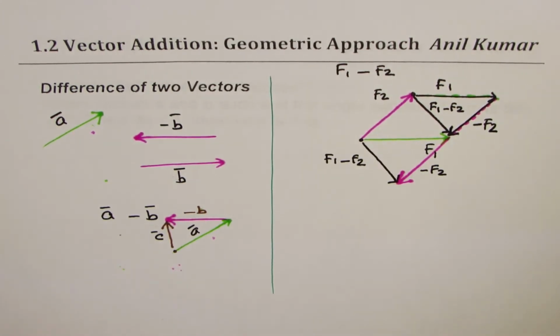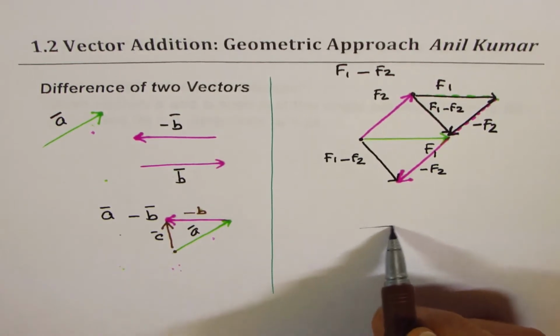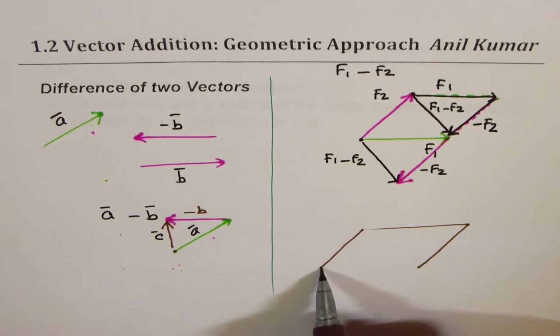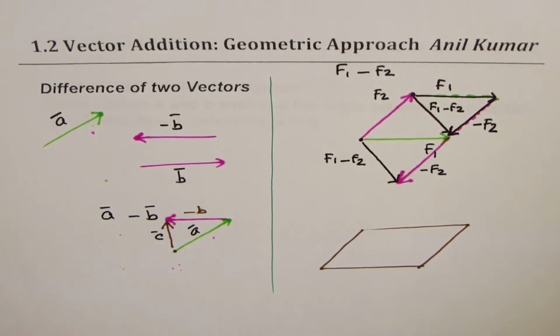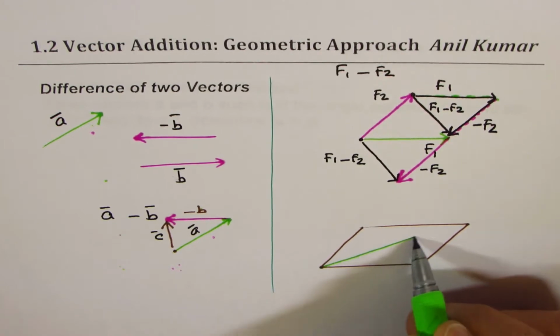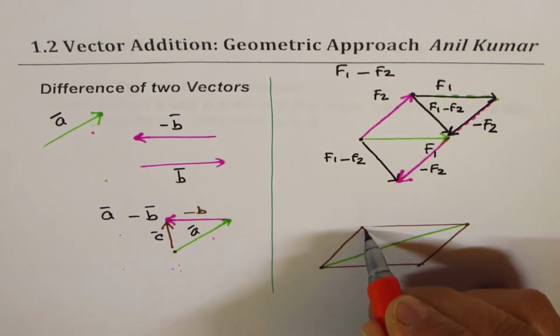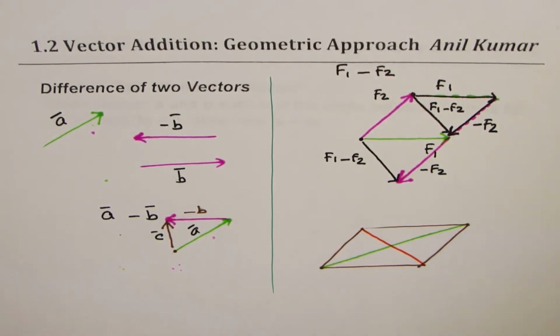If I have a parallelogram, let's again look into a situation. I'm now making a third diagram for you. For this parallelogram, we have two diagonals.